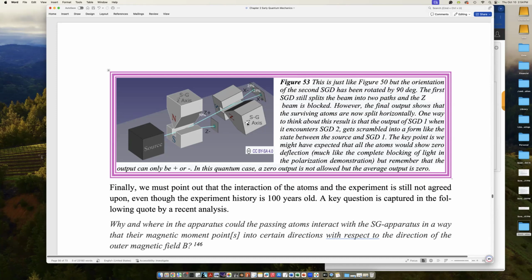In the case of polarization, if this were a polarization experiment and you shine a light on the first polarizer and then one that's at 90 degrees, you get nothing over here, right? We did that in the experiment a few minutes ago. But in the case of the Stern-Gerlach experiment, we save half the beam, and it encounters an identical piece of hardware rotated at 90 degrees, and you get two spots again.